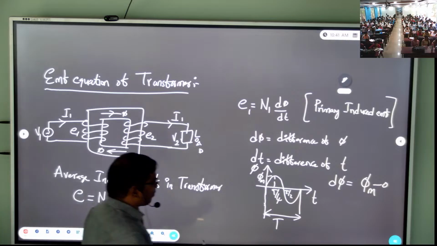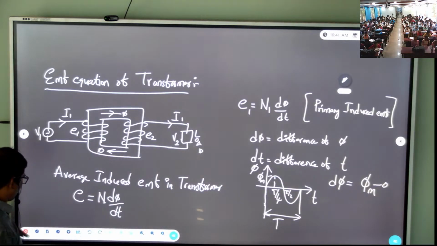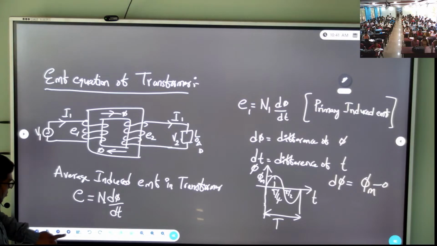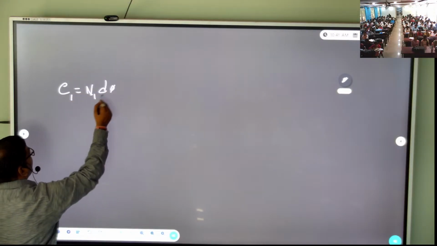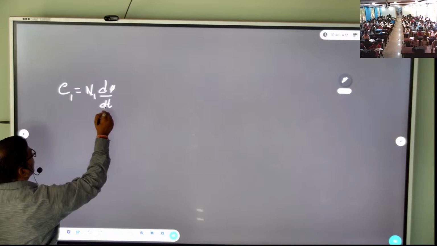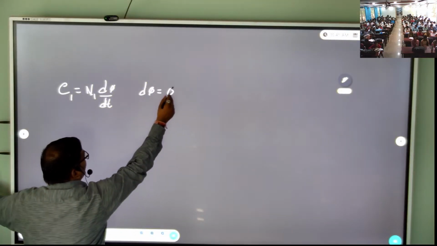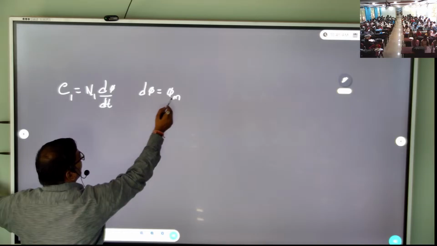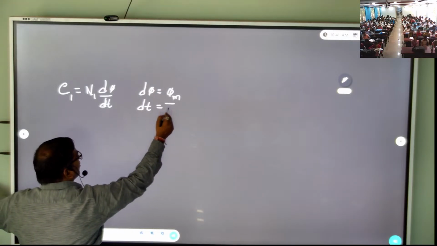Here you will get, E1 is equal to N1 d pi by dt. Okay. So d pi is how much? Pi m. This pi m we are getting with respect to T by 4.